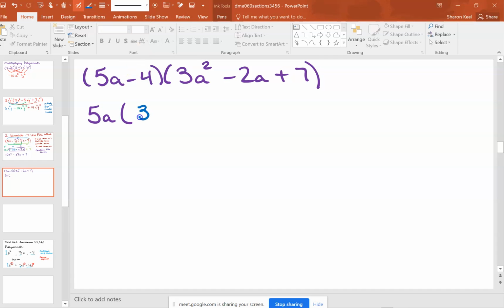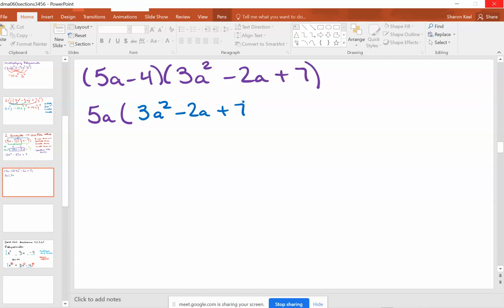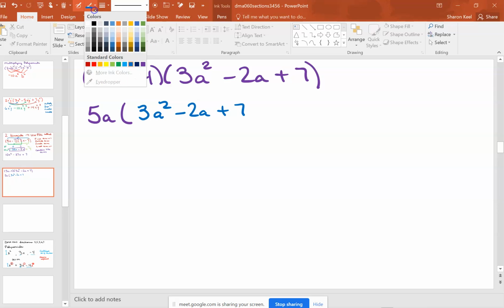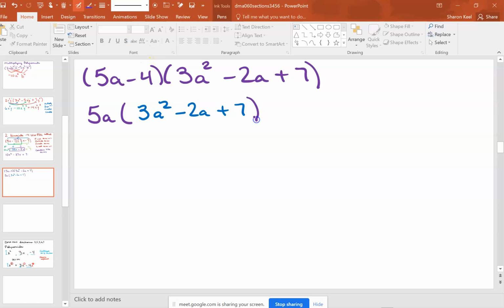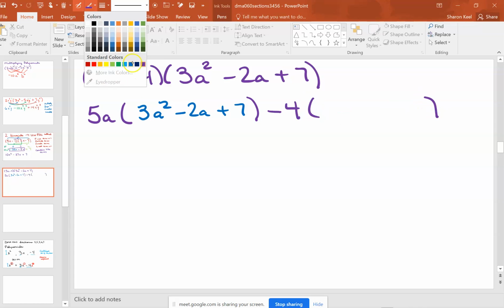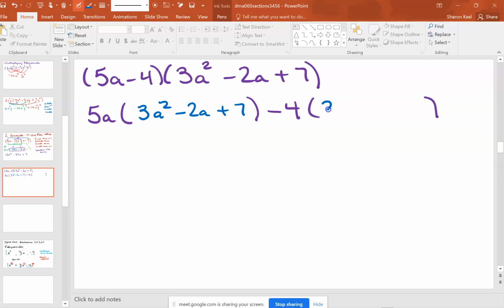And the parenthesis is the 3a squared minus 2a plus 7. Then what I'm going to do is I'm going to take this minus 4, and I'm going to multiply that by everything that was in the parentheses, the 3a squared minus 2a plus 7.